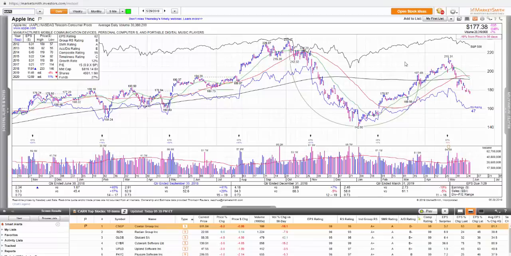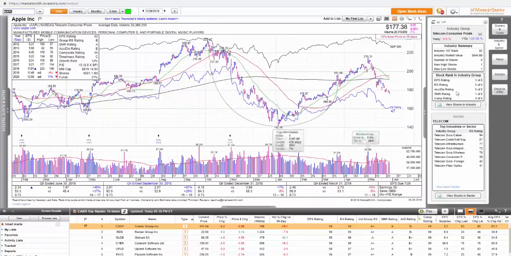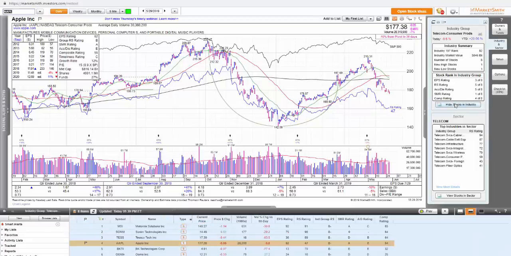Now, a couple of neat things that are in addition to what you've just seen already. You tag on this little side wing over here in the chart, and you'll come up with the various ranks of the industry that the stock is in and where this particular stock ranks in that group. And then if you click on this button, you'll get all the stocks that compete with Apple, that are Apple's competitors.